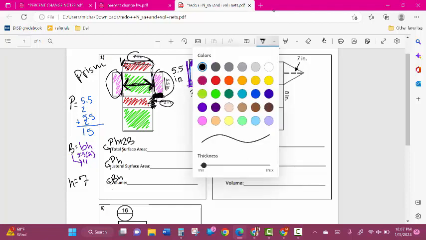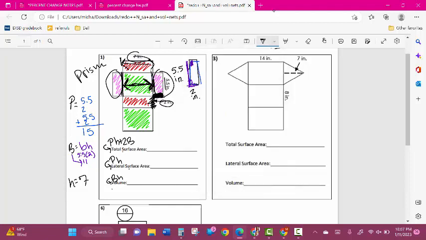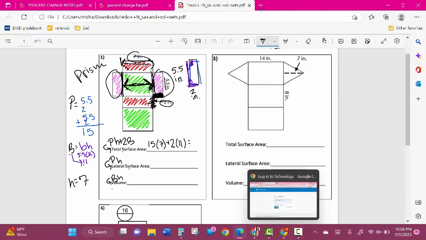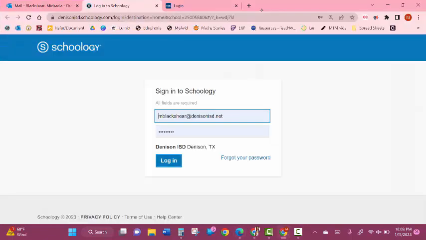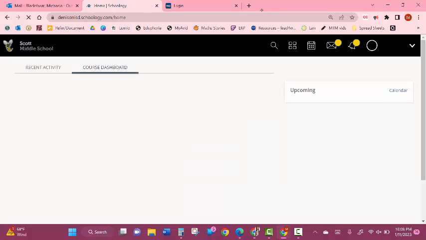So for total surface area, pH plus 2B would be 15 times whatever H is, 7, plus 2 times big B. Big B is 11. Okay, and you would type that in. Let's go to the Schoology, to the online calculator.